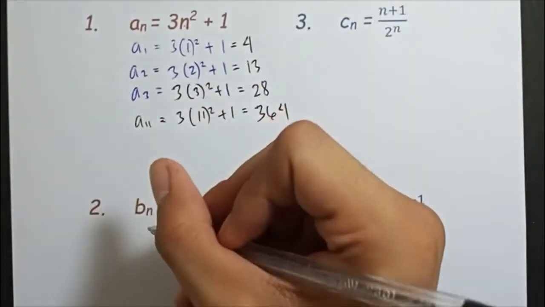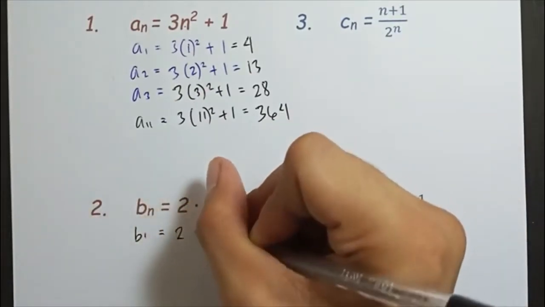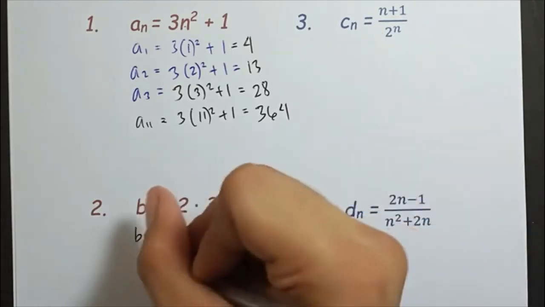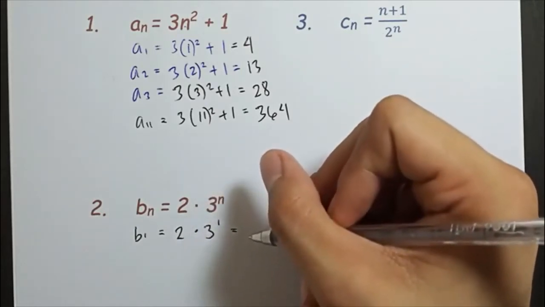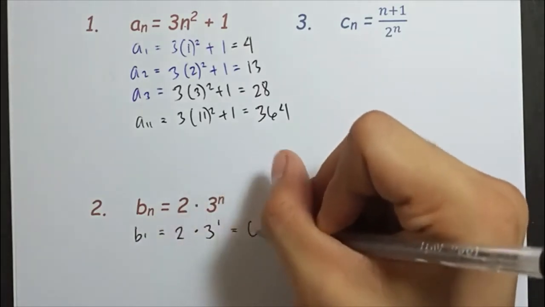Hindi ko na isa-isahin kasi mahaba. Sulat ko na lang. So, b sub 1 natin dito, nagiging 2 times 3. Then, yung n natin is 1. So, 2 times 3 raised to 1. 3 raised to 1 is still 3. So, 2 times 3 is 6.